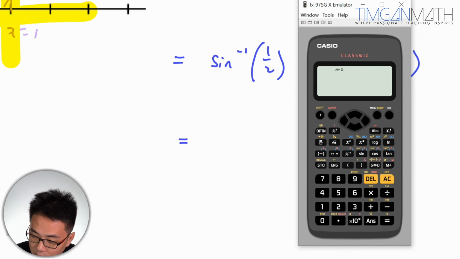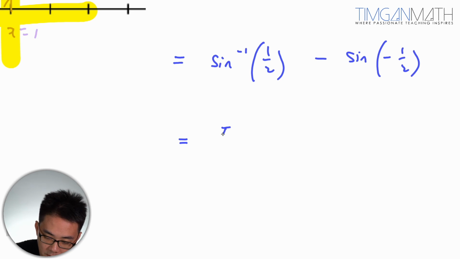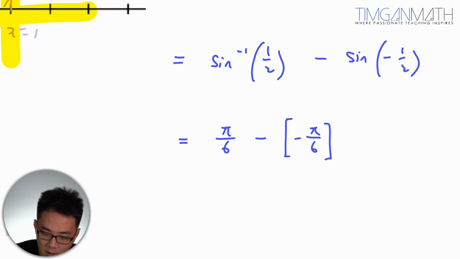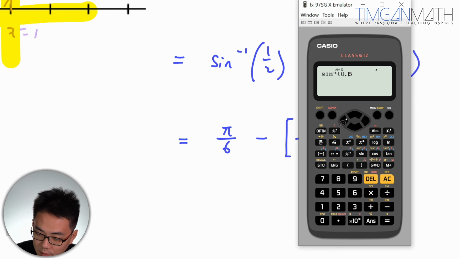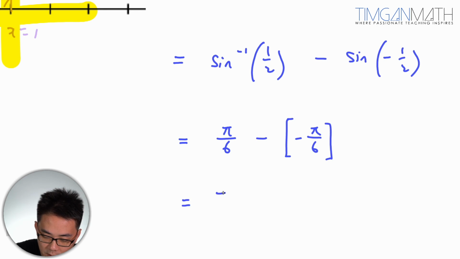Sine inverse half is 30 degrees, so this is pi over 6 radians, minus this will be -pi over 6. Because it's in the 4th quadrant, you can just put a negative here. So this will be pi over 3.